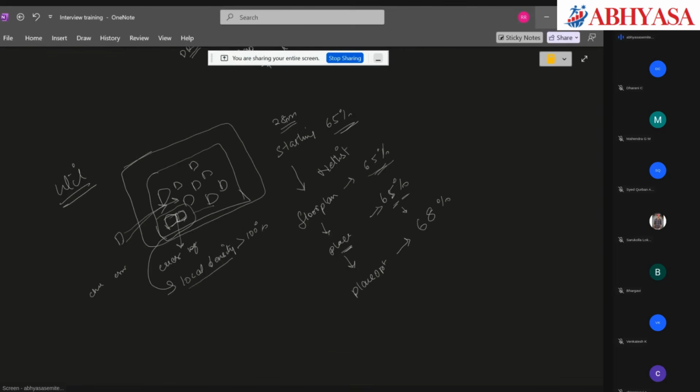I specifically mentioned place opt, and previously it is place. So at least from the difference in the name, can you come up with why the utilization might increase?